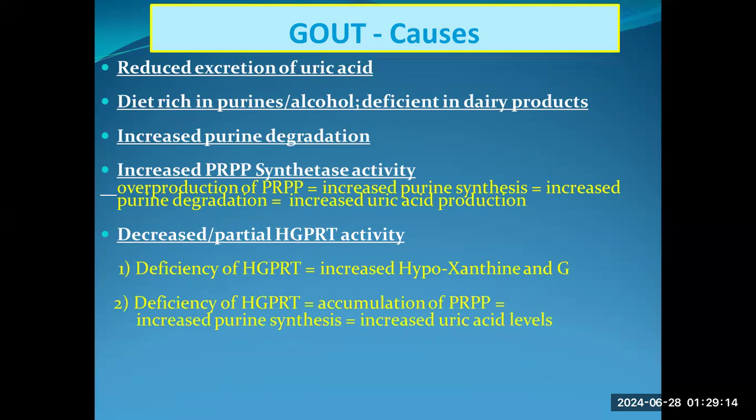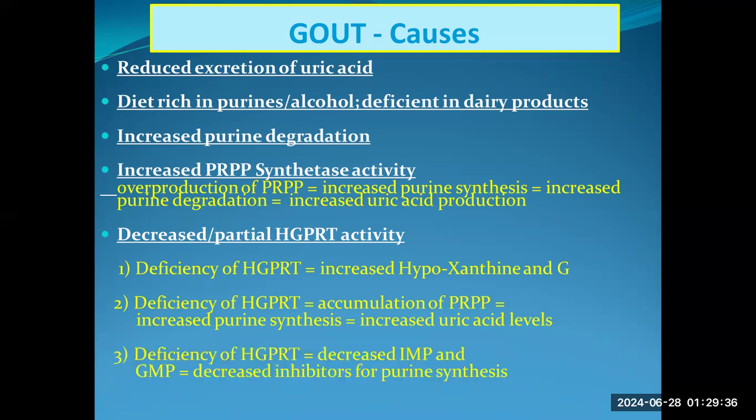Deficiency of hypoxanthine guanine phosphoribosyl transferase leads to accumulation of phosphoribosyl pyrophosphate that increases purine synthesis, and increased purine synthesis leads to increased synthesis of uric acid.